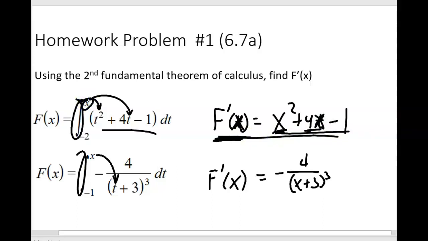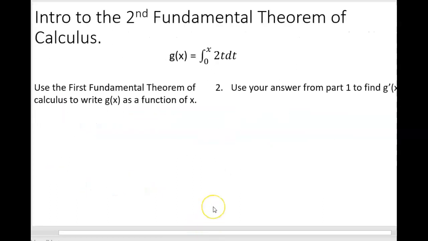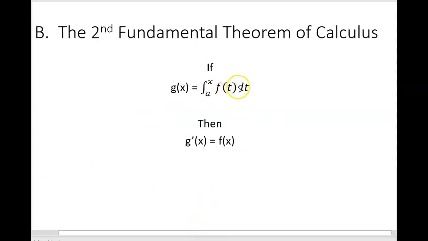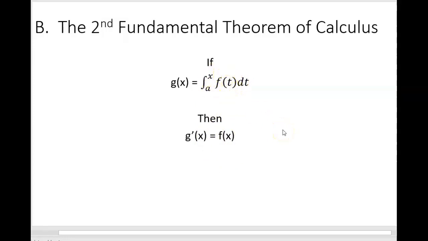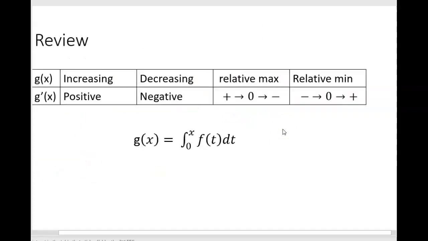Now earlier, remember how I mentioned back a few slides ago that this variable right here didn't really matter, the t, what it is? Well, the reason why it doesn't matter is because it just goes away when you do the process. The t just gets replaced with this x. So we call it a dummy variable in this case because it really doesn't have any effect on anything.